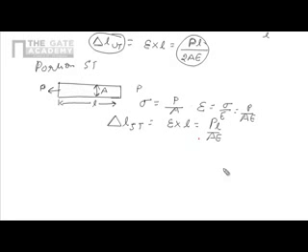Now we can assume that point T is fixed and point S has moved by this much distance. So we can draw the diagram like this. This point is fixed here.